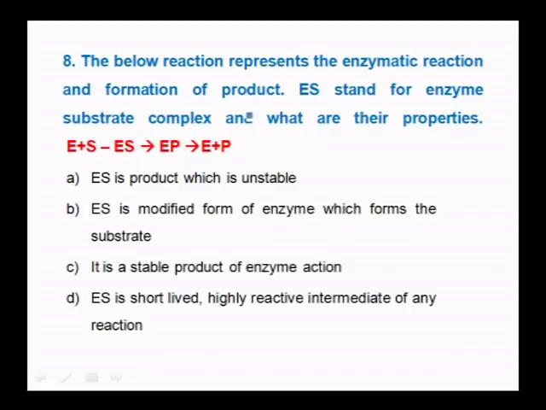So it is never a stable product, it is a temporary highly reactive stage. So the option that goes well with this question is ES is short-lived, that is having an unstable condition. It is highly reactive, intermediate, meaning to say not the final product. So it is the intermediate of any chemical reaction. So option for this question is D.